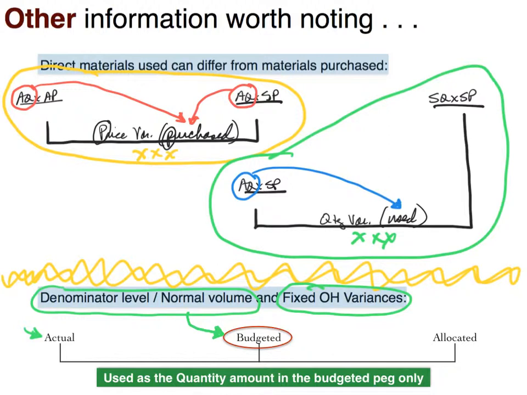Specifically, you would use it divided by the budgeted cost, probably to get this standard price over here that we did in our example when we're looking at overhead variances. So when you see these words, kind of give yourself a pause there, and remember they only go one place, and that's that budgeted peg in your fixed overhead diagram. Okay?